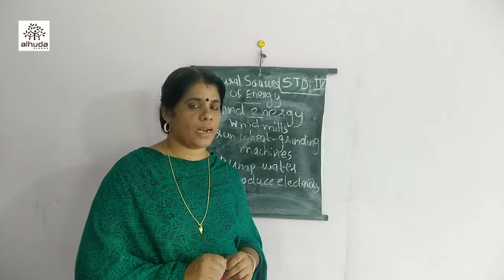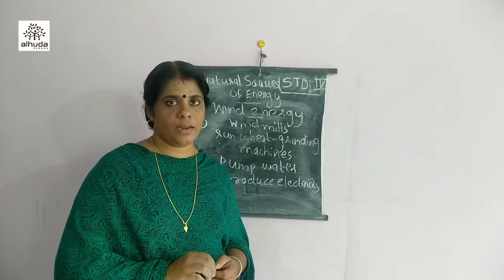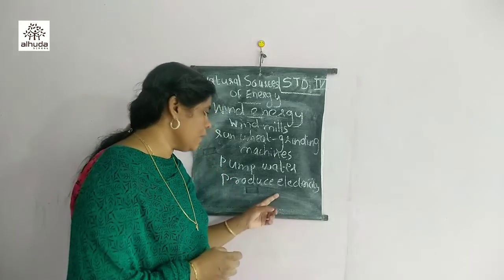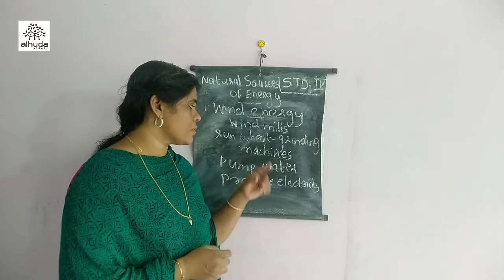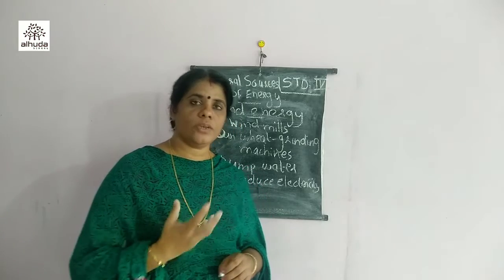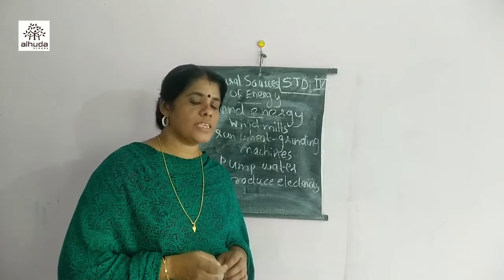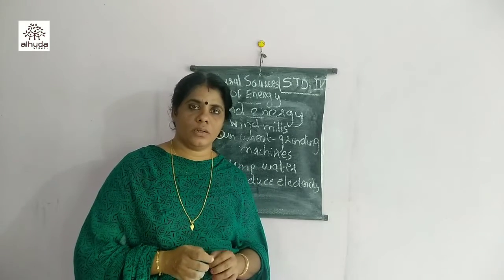In India a lot of wind farms and windmills are there. From the windmills we are producing electricity, pumping water and running wheat grinding machines. So wind also has energy, that we call wind energy. That is another source of natural energy.